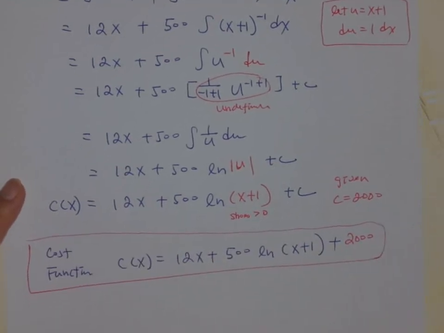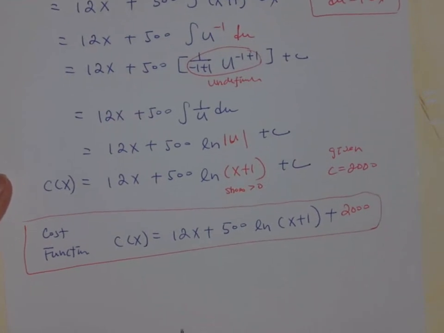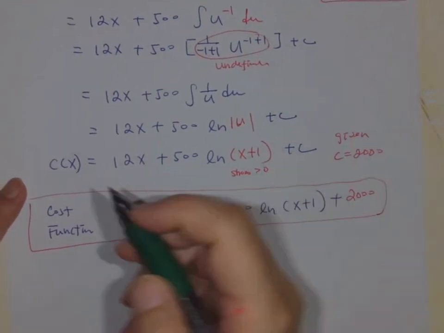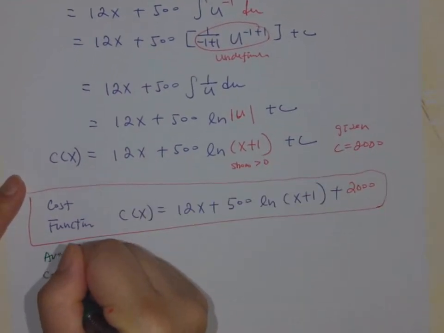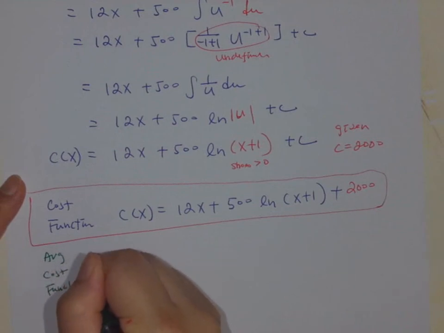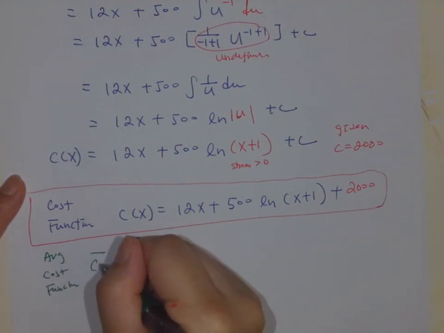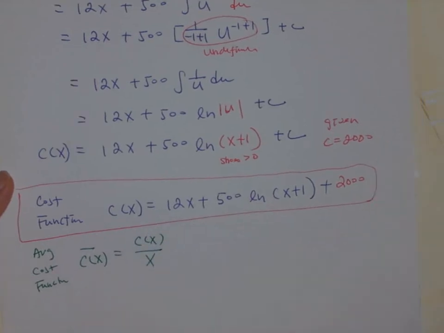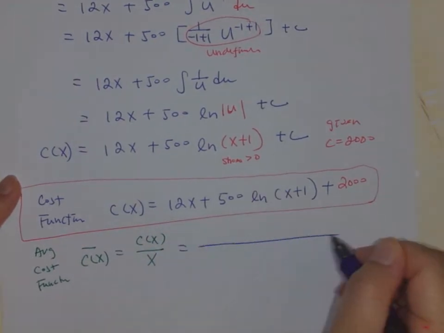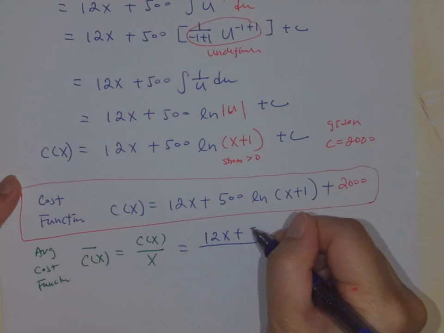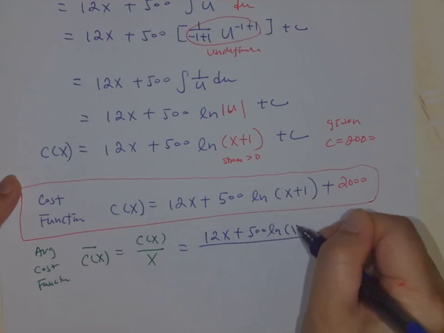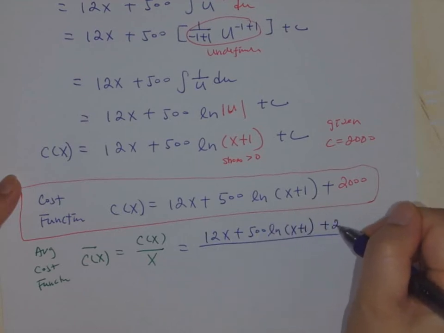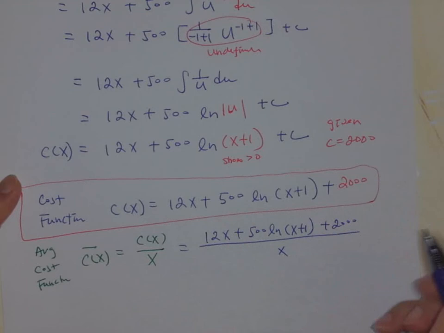They also want to find the average cost function, which is basically the cost function divided by x. So we put the whole thing on top, 12x plus 500 ln x plus 1 plus 2000, and everything needs to be divided by x.